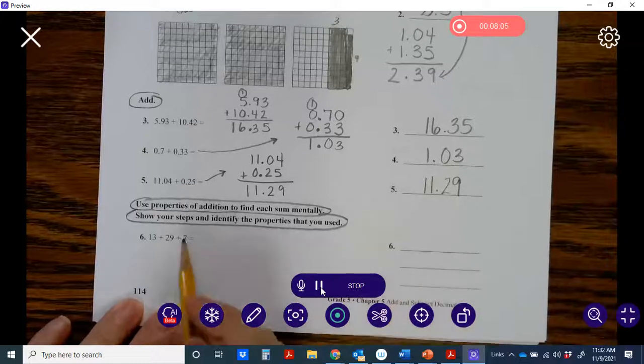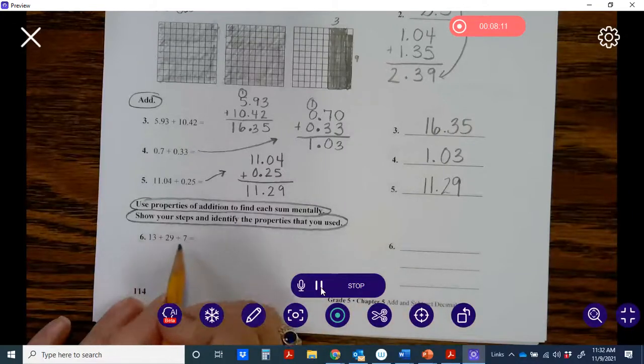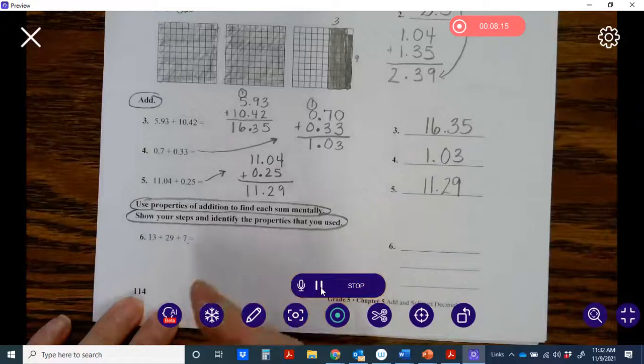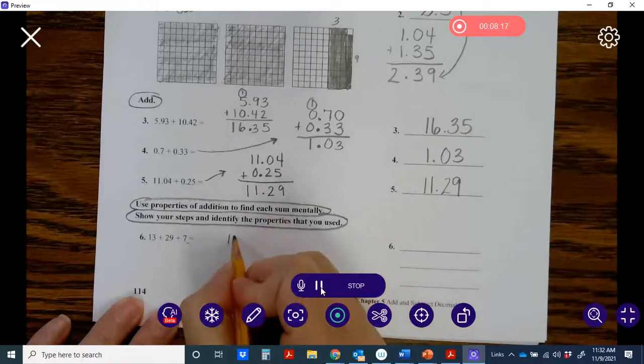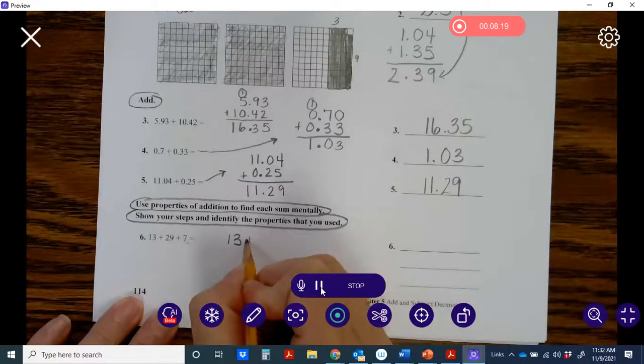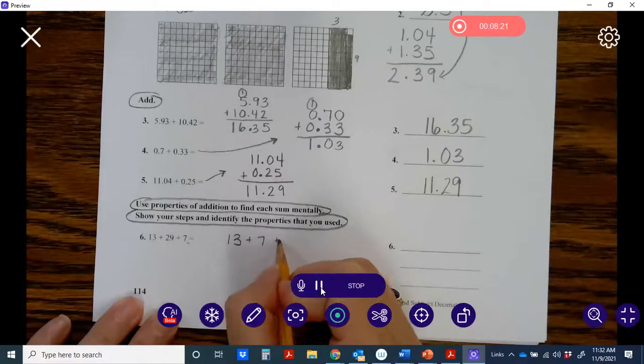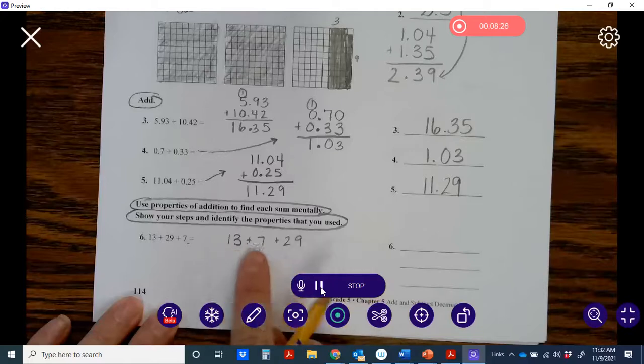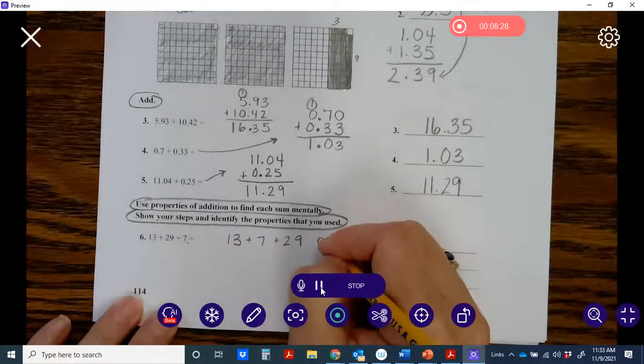I know that 7 plus 3 is 10, and that's a friendly compatible number. So I'm going to rearrange this number in my head, okay? But I'm going to show you what I'm doing. I'm going to, in my head, do 13 plus 7 plus 29. Now, the ability to rearrange these numbers is called the commutative property.